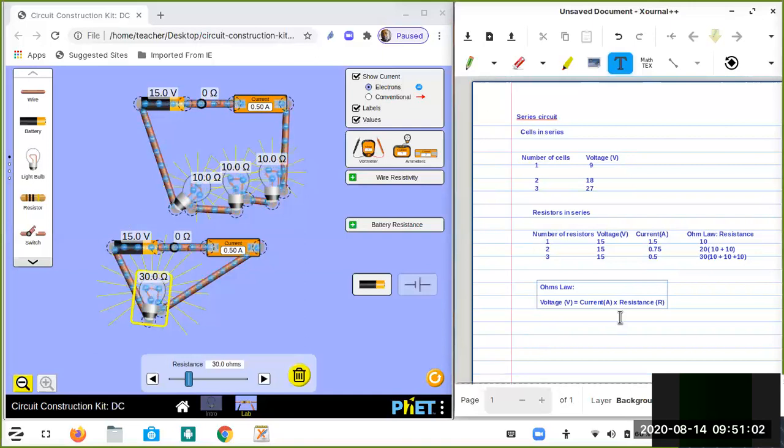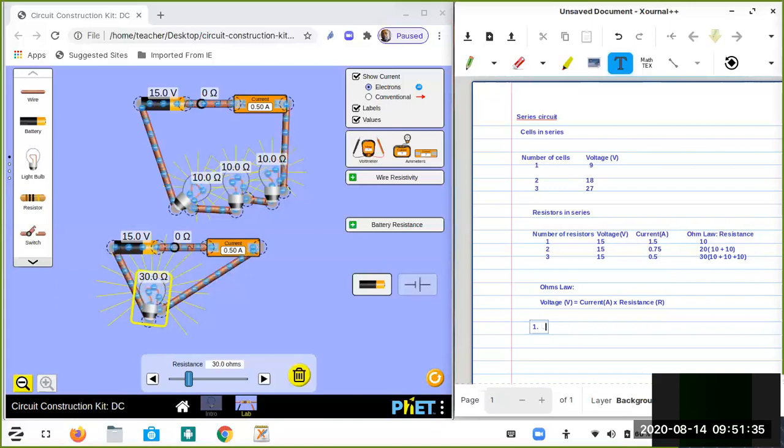So now we can calculate the resistance of one resistor in each of these circuits that we have here. Let's deal with the first one. We have one resistor. The voltage is 15 and the current is 1.5. What is going to be the resistance?